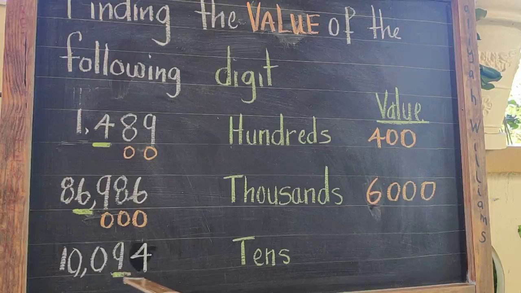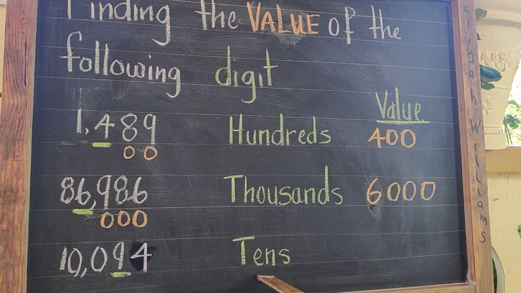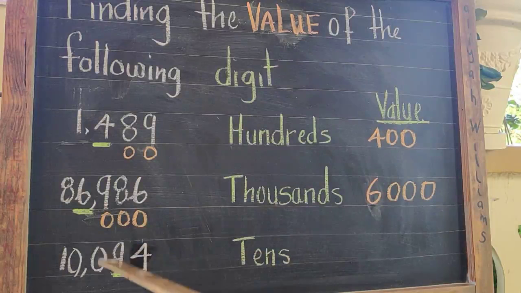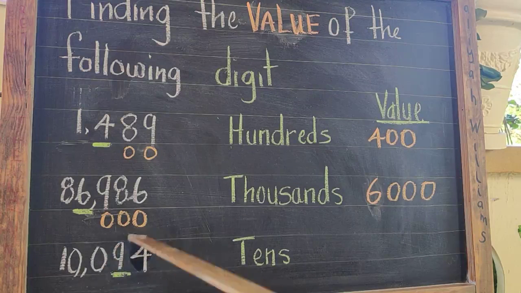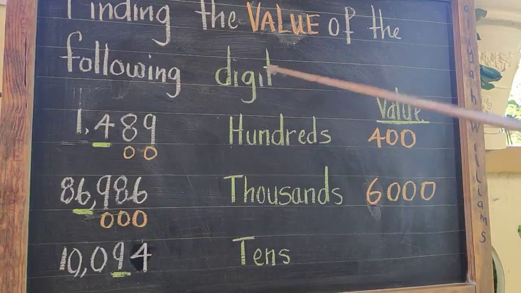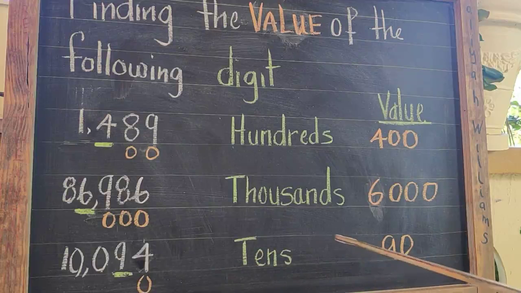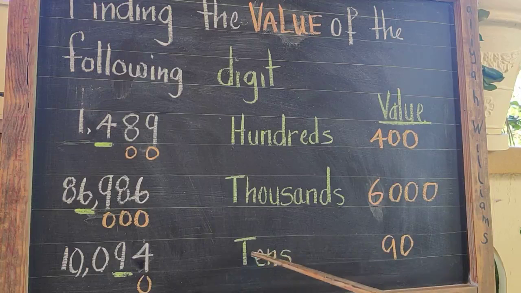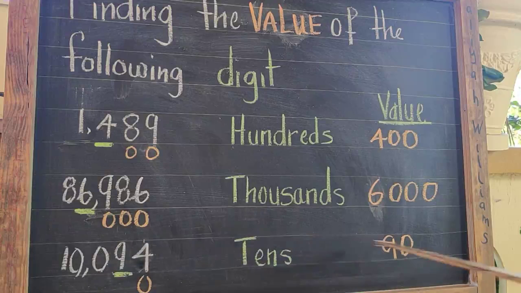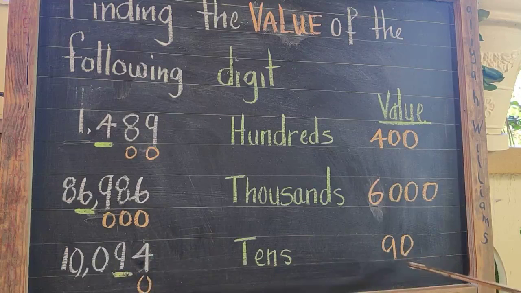The place value is in the tens position, but what's the value? How many zeros do you have to put in here to maintain this spot? 1 zero. That 1 zero with the 9 will make it 90. So it's in the tens position, but the value of the 9 is 9 tens, which is 90.